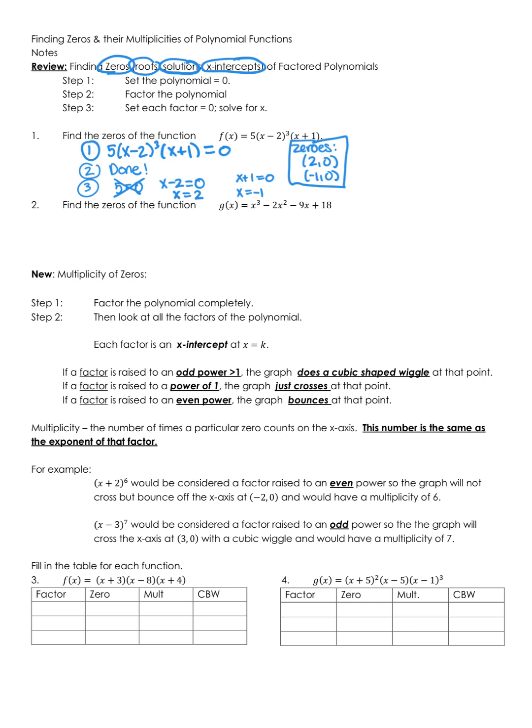This factor has a multiplicity of 3. What that means is the way that it touches the x-axis at 2 will look different than the way that it touches the x-axis at negative 1. This one only has a multiplicity of 1 because it only happens 1 time. So that's what we're starting to talk about today.